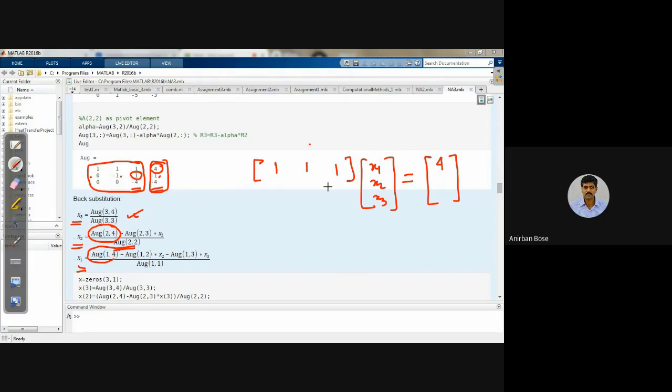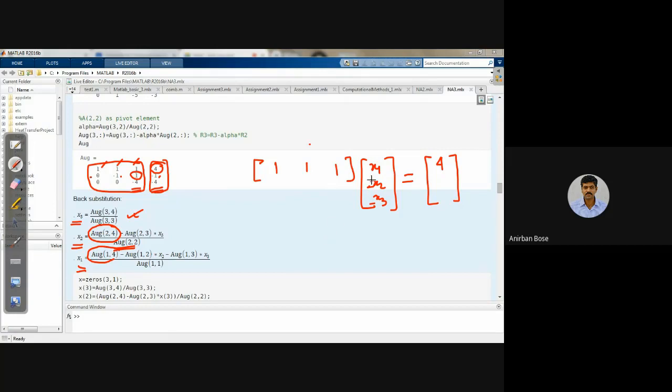This is basically the form 1 1 1, x1 x2 x3 is equal to 4. Already you know what x2 and x3 are, so these values are known. You do not know x1. So how will you find out x1?